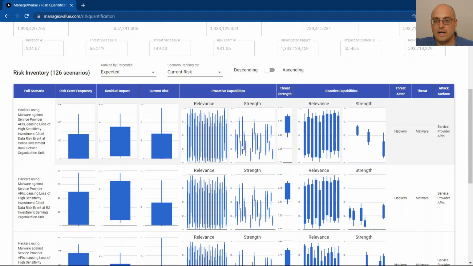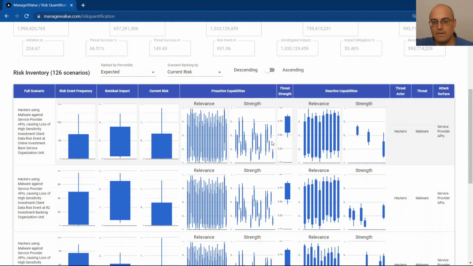What I highlight here is that the organization can see there are a lot of relevant proactive capabilities, but the strengths of these capabilities are often low in this attack surface. This shows the strength of the threat itself, and if the strength of the proactive capabilities is this low, then they cannot really protect the organization against this type of threat.